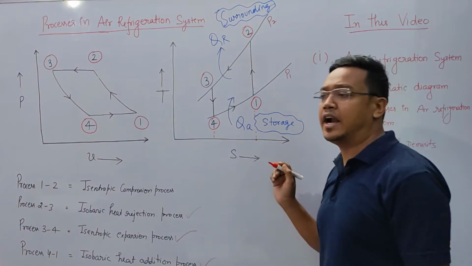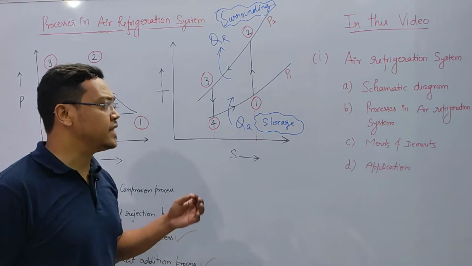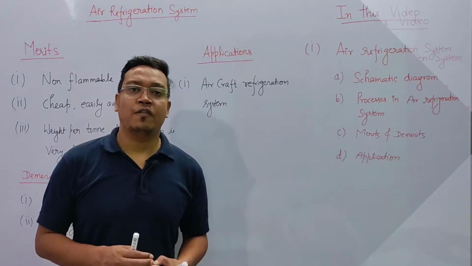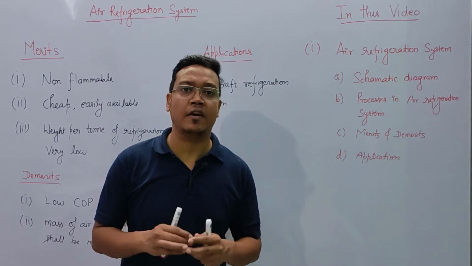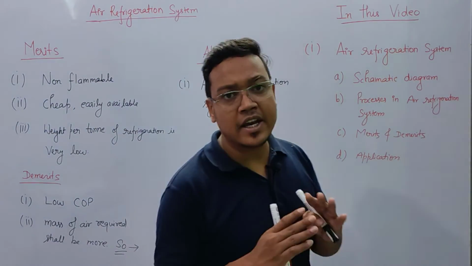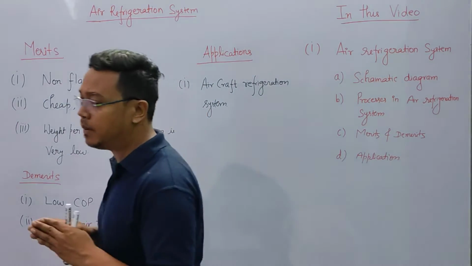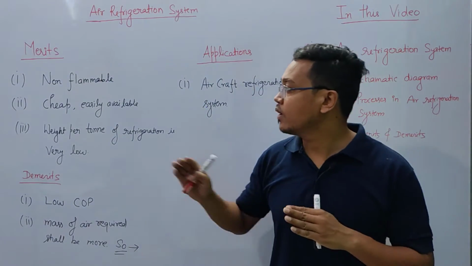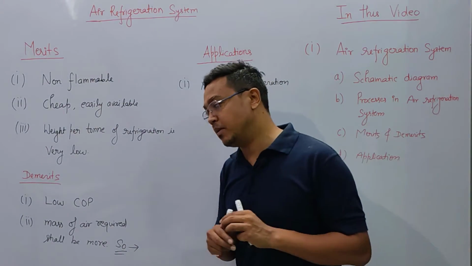So friends, we have seen what the processes involved in the air refrigeration system are. Now we will see some merits and demerits, and after that some applications. First merit, you know very well that air is a non-flammable substance. Second merit, it is cheap and easily available.